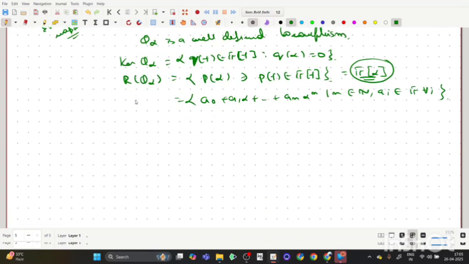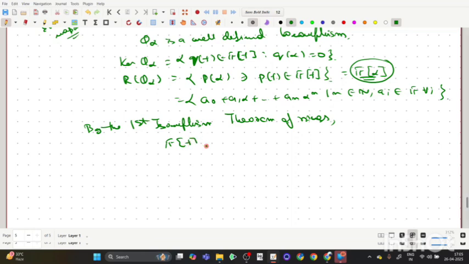Now, having this well-defined homomorphism, by the first isomorphism theorem of rings, what do I have? F[t] modulo the kernel of phi alpha is isomorphic to F[alpha].